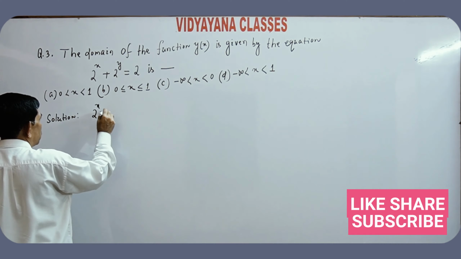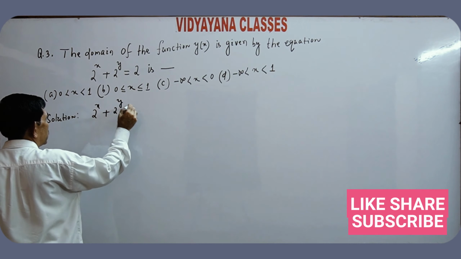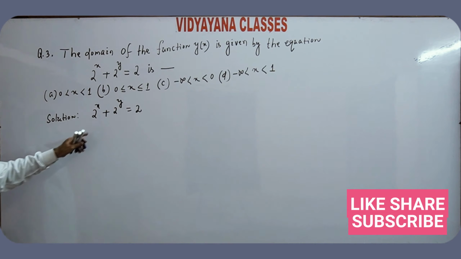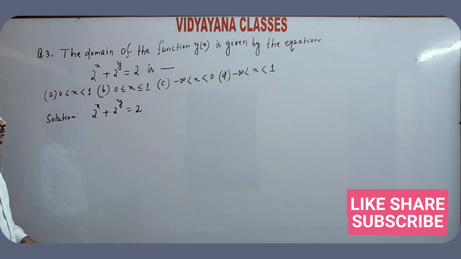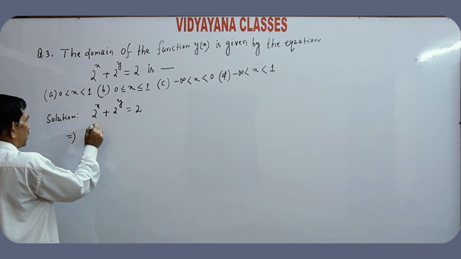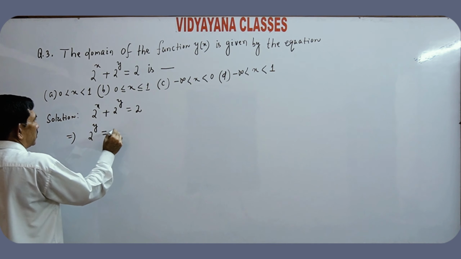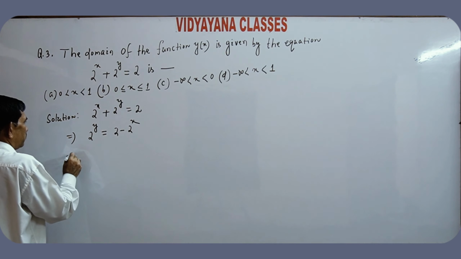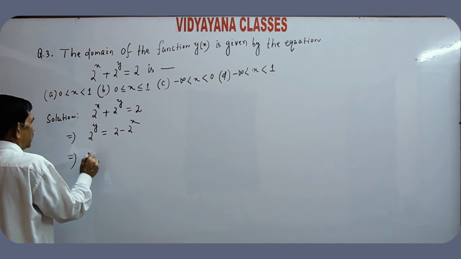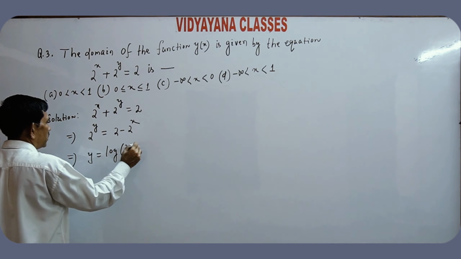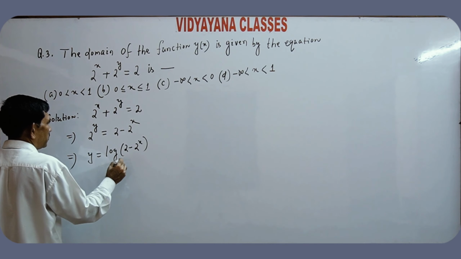The equation is 2^x + 2^y = 2, which implies 2^y = 2 − 2^x, which implies y = log base 2 of (2 − 2^x).